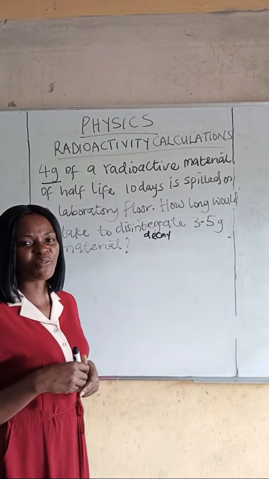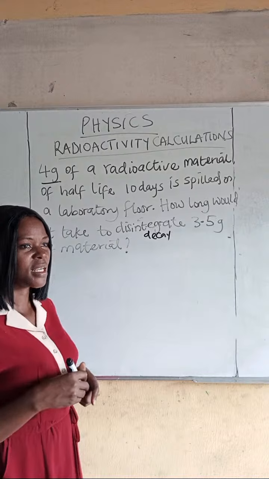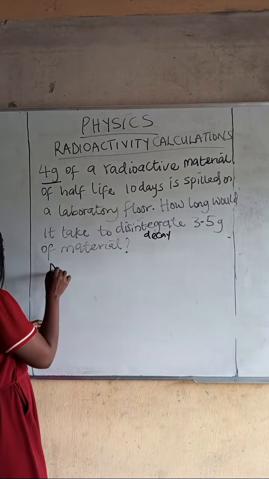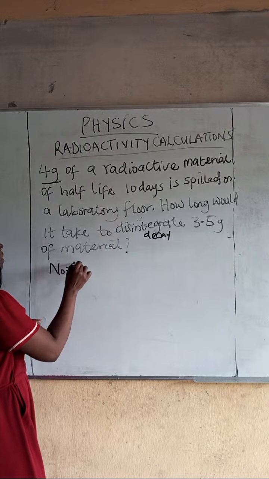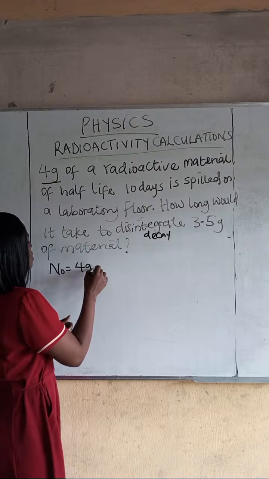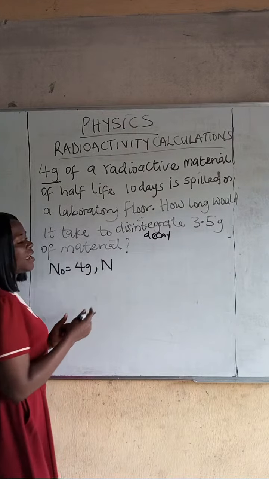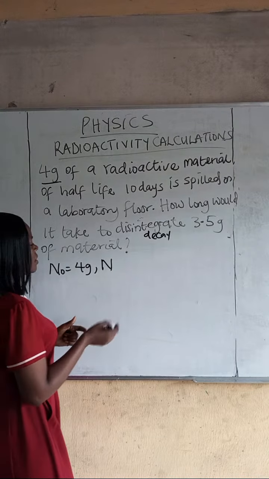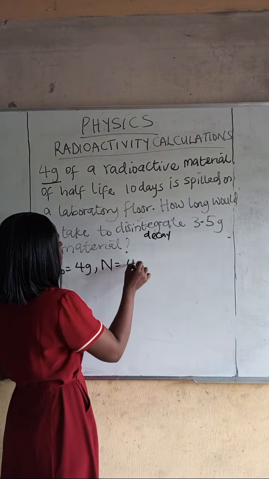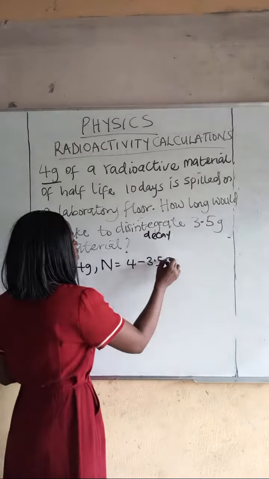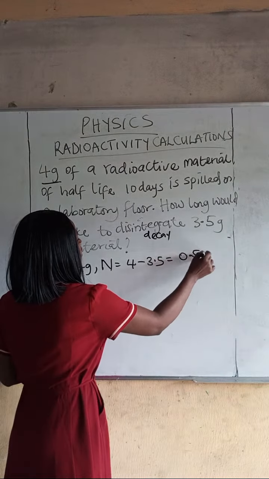That becomes the mass remaining. So I have the number of atoms before decay is equal to 4 grams. Now my N, the number of atoms after decay, will be 4 minus 3.5, which gives me 0.5 grams.